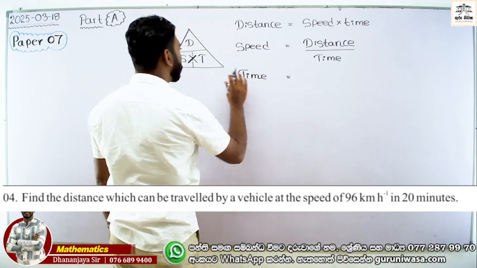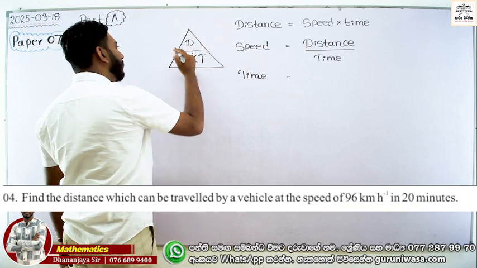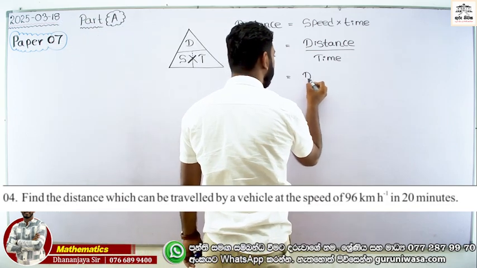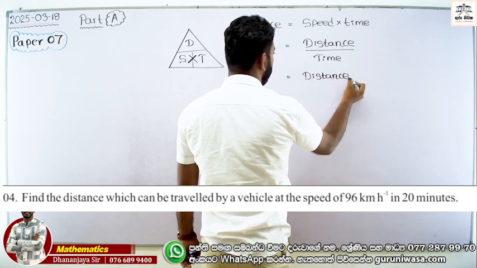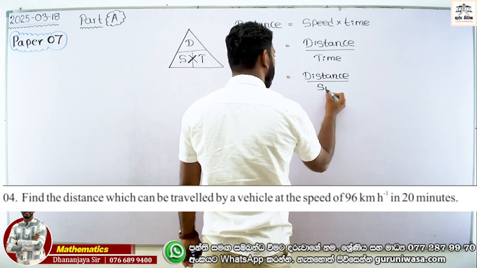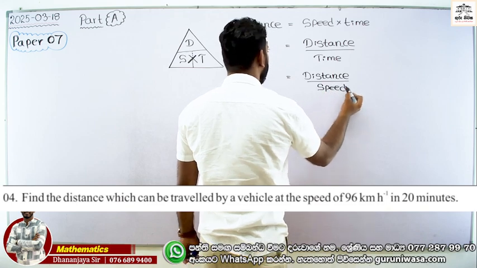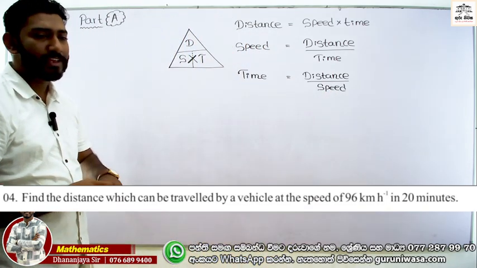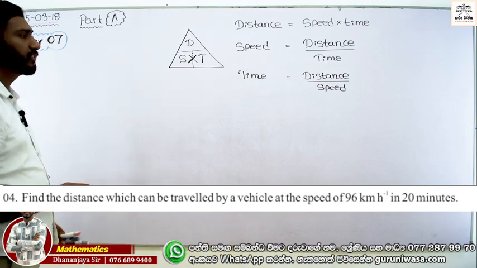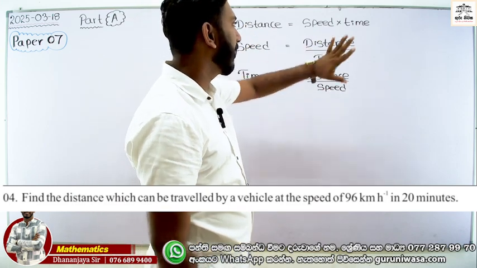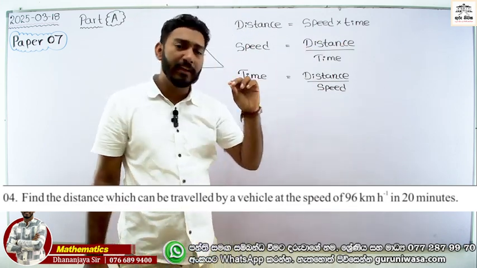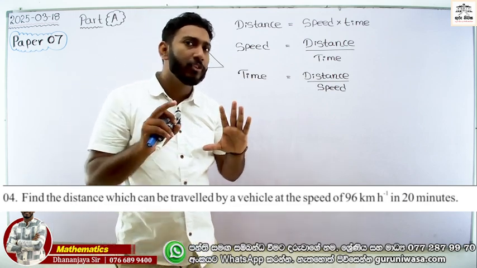One more time: time is distance divided by speed. There are three formulas, right? Now look at the question. Find the distance. Therefore distance equals speed multiplied by time, and the speed and time should be corresponding things.